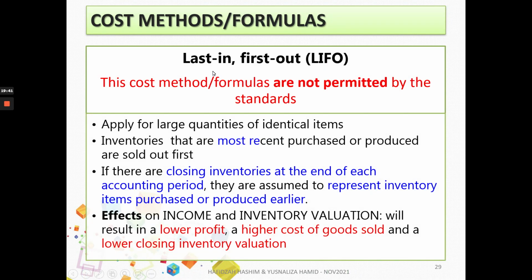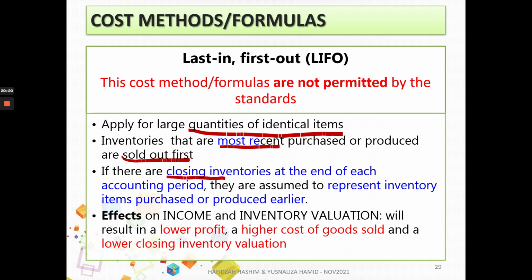However, there's one more cost formula: last in, first out. This is actually not allowed by MFRS 102, even though it is allowed by US GAAP. It applies to large quantities of identical items, and we assume that the most recent are sold first, but it is not permitted by the standard on inventories.